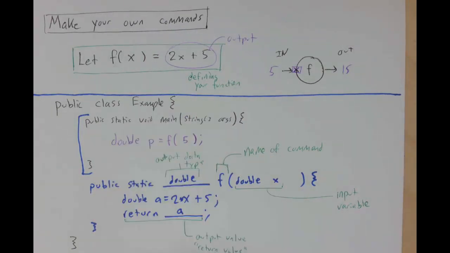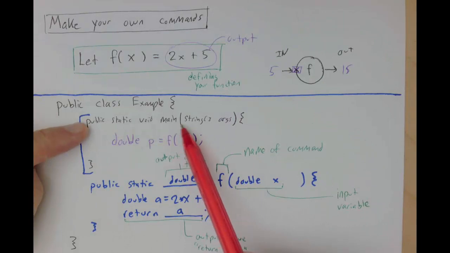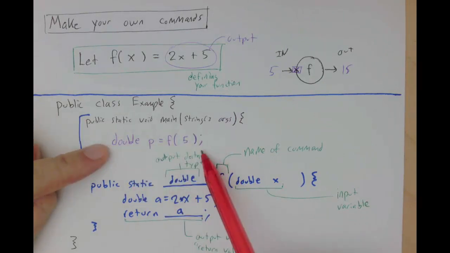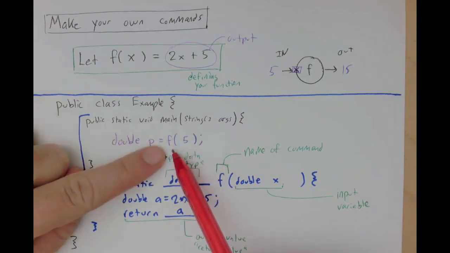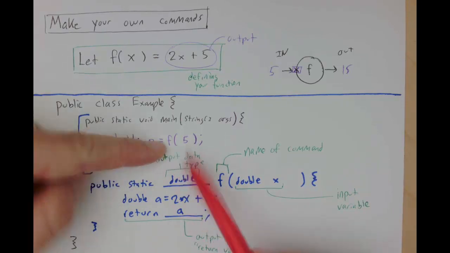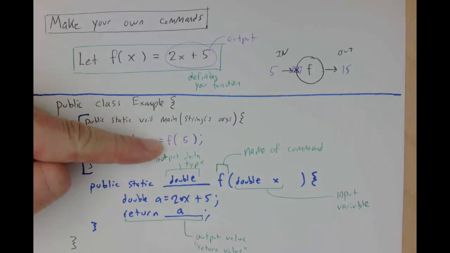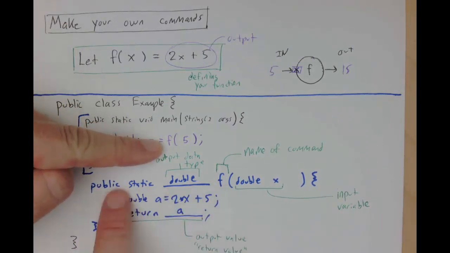So let's trace step by step what would happen if we ran this code. When we run this code, Java starts up here in main, and it says, I'm going to run this line of code. And it sees F, and it thinks that's not a built-in Java command. I wonder what I should do. And so it's going to look through the rest of your program until it finds your own definition of what the F command does.